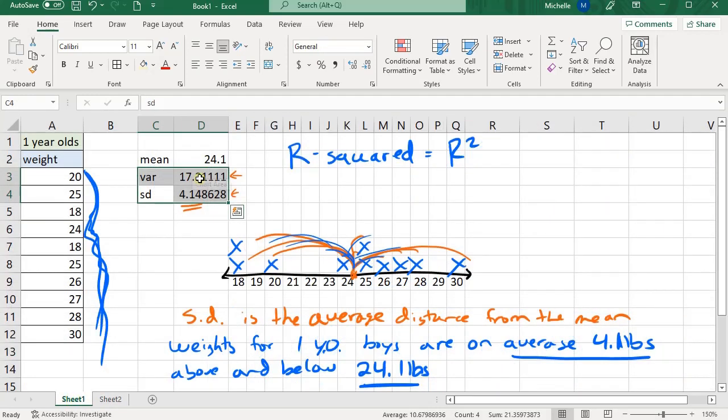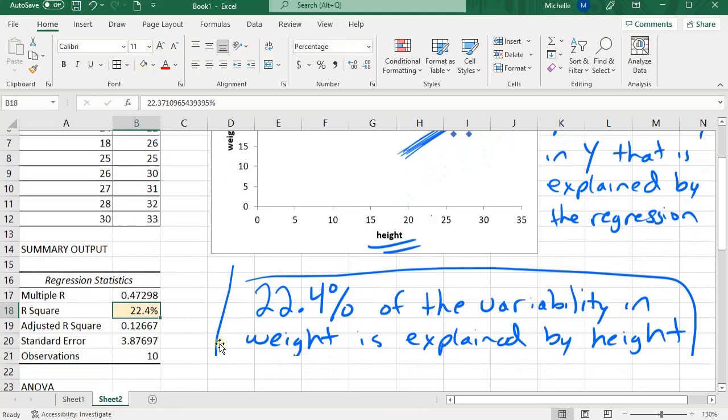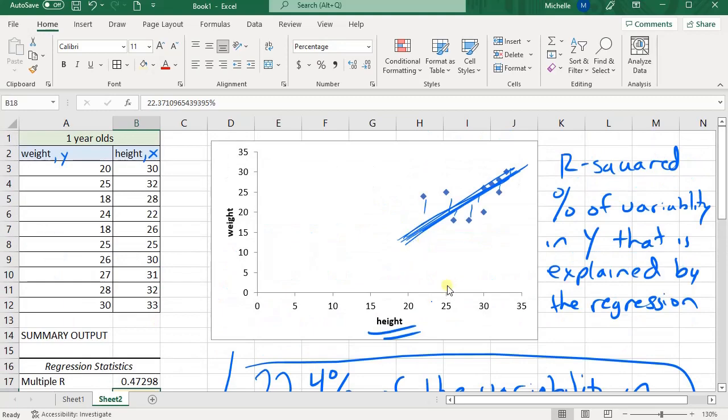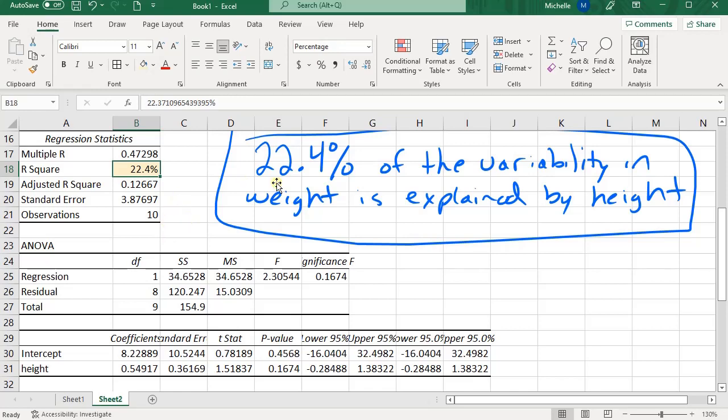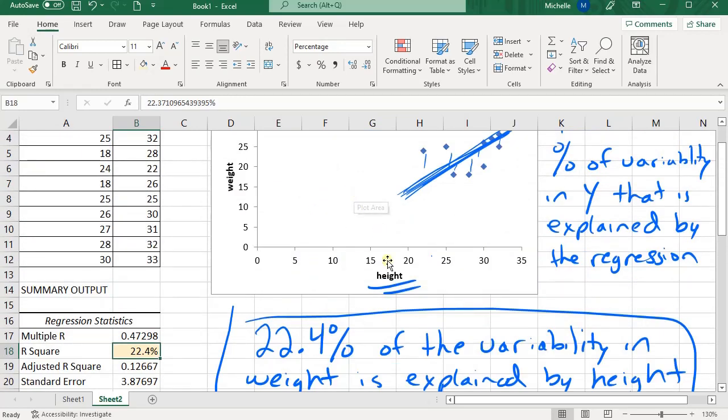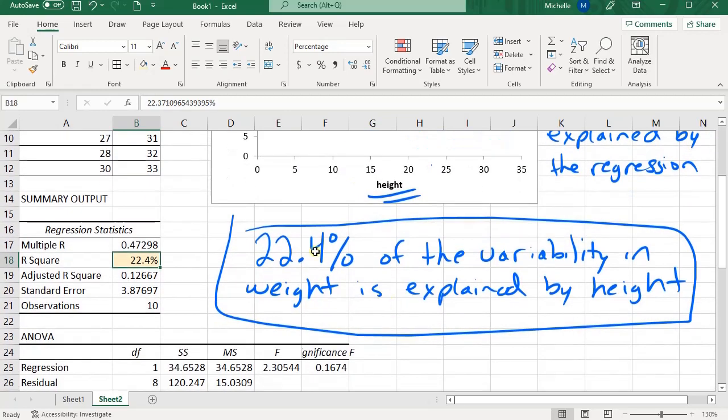So we have all this variation. How am I going to explain it? I can use regression to explain that variation. And the percent of variation that was explained by that regression is given to us by that R squared value. And is 22% a good amount of variation to be explained?